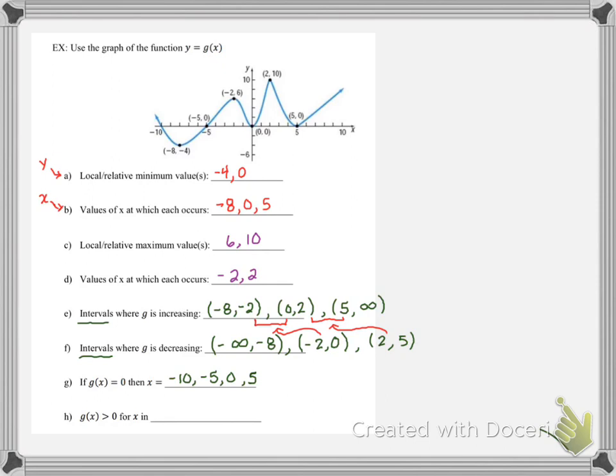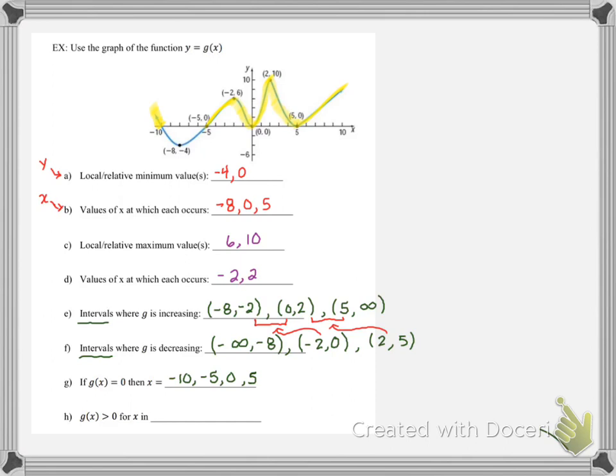So all the way at the left, g of x is greater than 0. So we can just walk along the graph until it stops being greater than 0, and then keep walking until it starts being greater than 0 again. And then it never goes below the x-axis again, right?